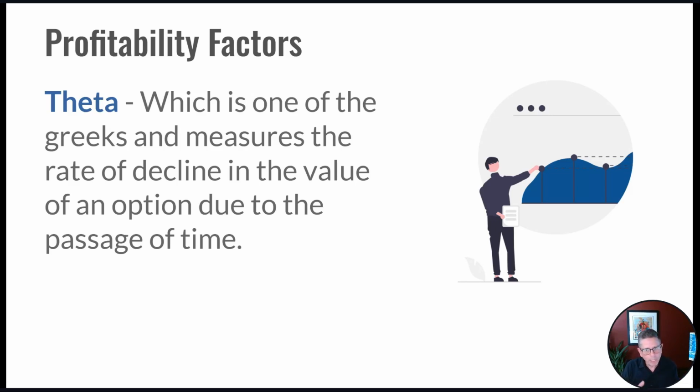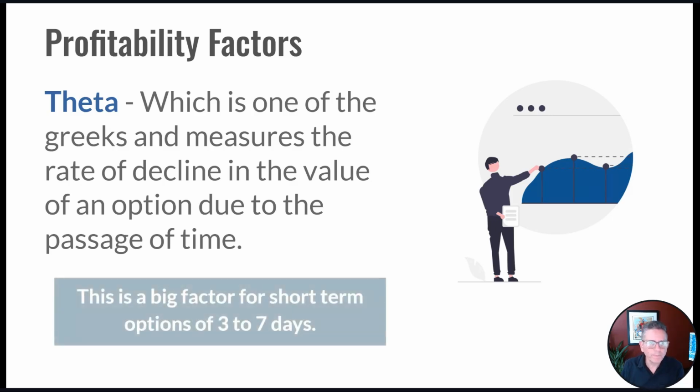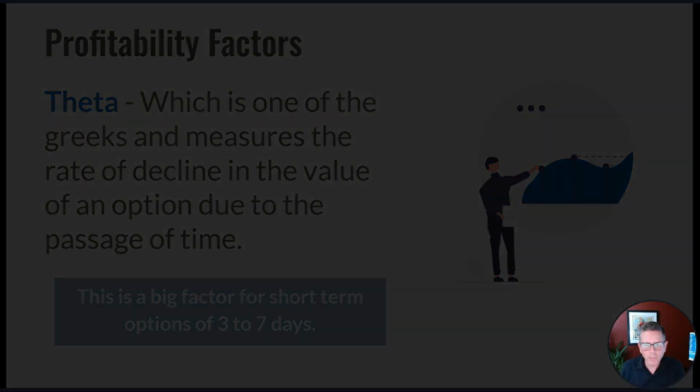But the probability of making a profit here is very, very high. And this is a big factor in terms of 3 to 7 days trading. That's why I trade both of these types of positions.